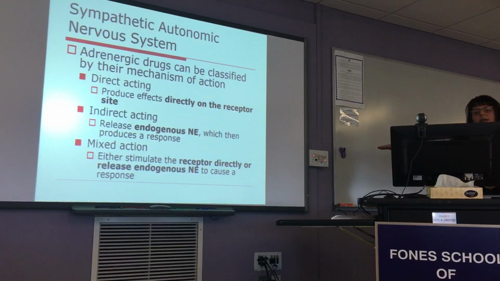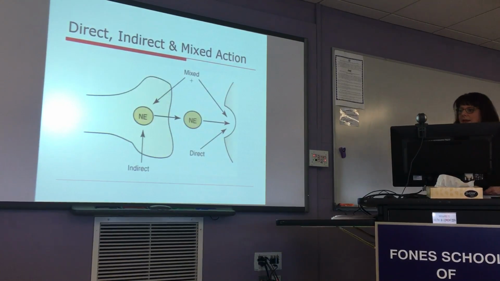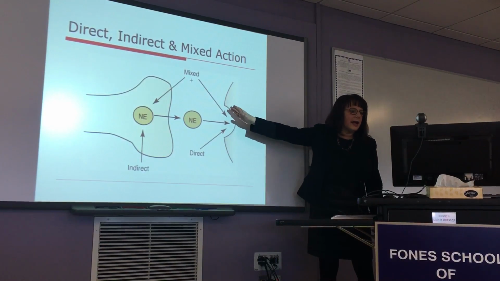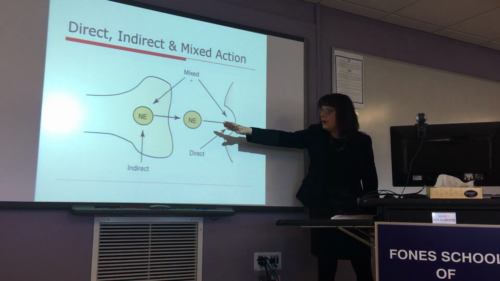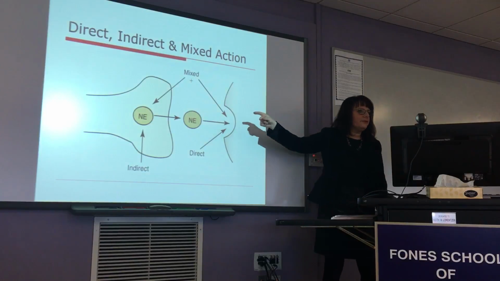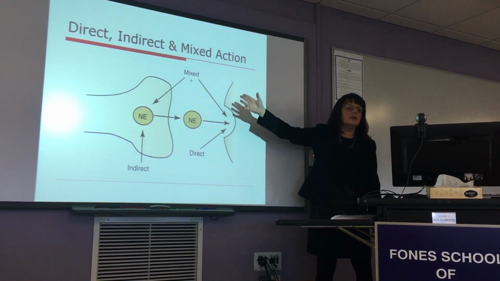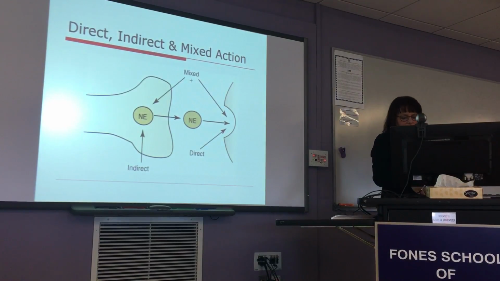And in the mixed, it can go on the receptor directly and release the endogenous norepinephrine and cause a response, okay? So direct acting, okay, drug goes right here, directly acts on the receptor site. Indirect works on the norepinephrine and has an effect on the receptor site. And the mixed can do both, so it might be a stronger response.